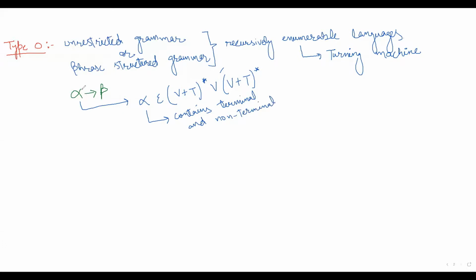So in the production rule, the left hand side may contain terminal and non-terminal symbols, but it must have at least one non-terminal symbol. So it must have one non-terminal symbol.